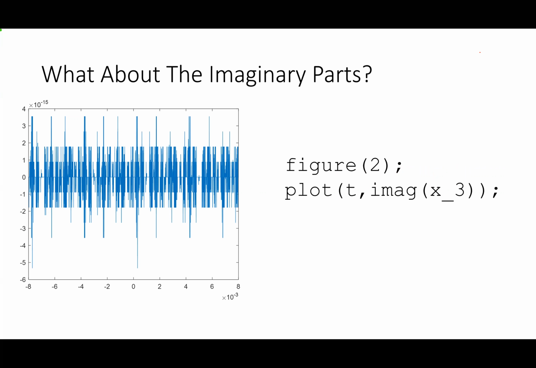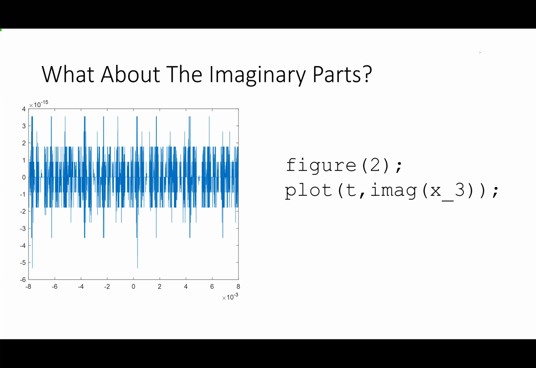It's times 10 to the negative 15. 10 to the negative 15 is 0. That's, I don't even know, femto. Is it femto? Yeah, femto volts. That's pretty small. So there's basically some numeric errors because it's a computer and it has finite precision.